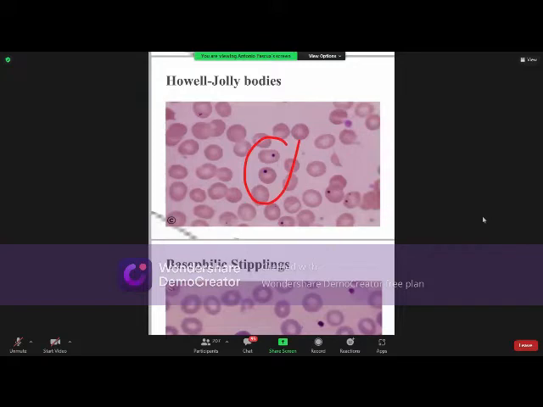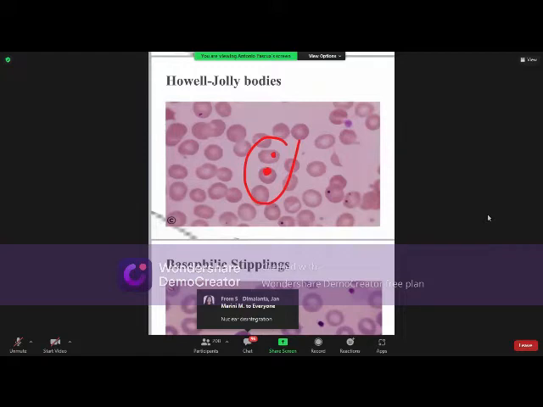Usually this small fragment is a result or product of karyorrhexis. Pag sinabi nating karyorrhexis, what does that mean? Anyone, what is karyorrhexis? Nuclear disintegration.